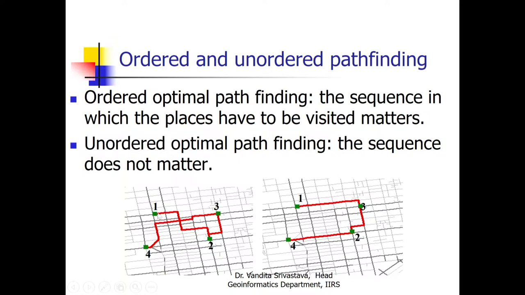But imagine that these distances are very large, then he has to follow this ordered path, going first to the first, then the second, then the third, and then the fourth. But in the case of the postman, he may go like this, optimizing the path. So you can see that the distance traveled is less as compared to the ordered path. Okay, I hope that is clear.